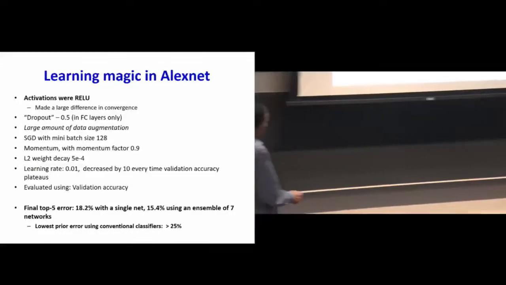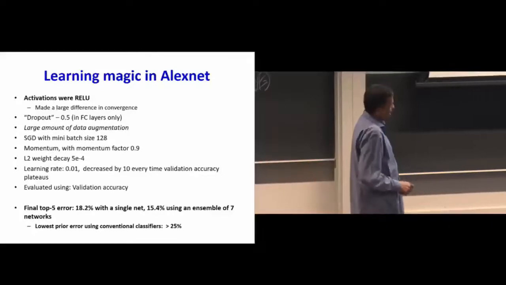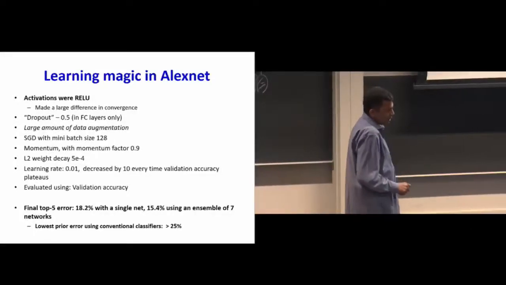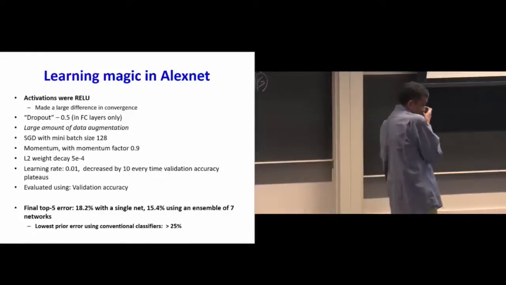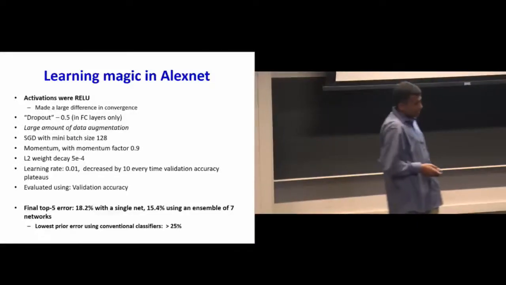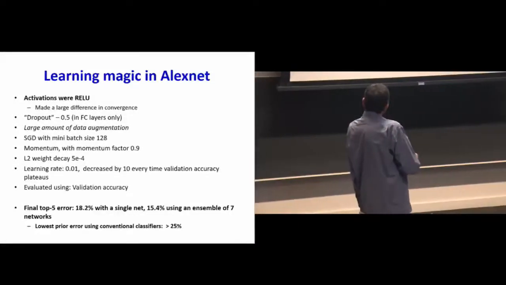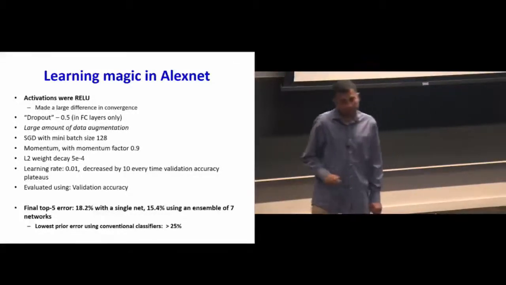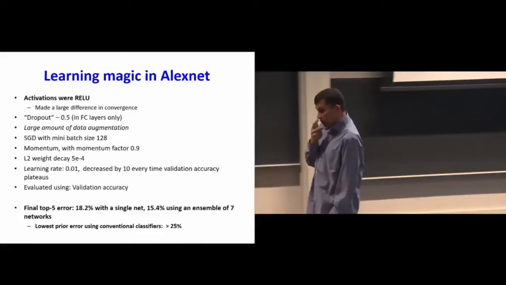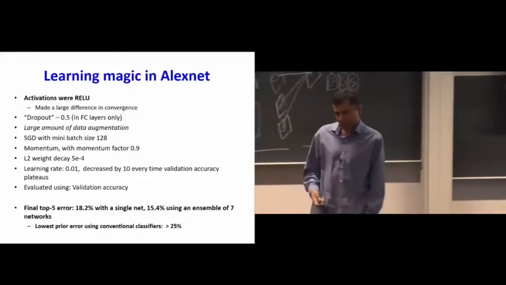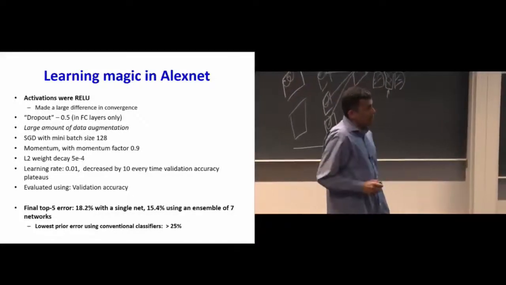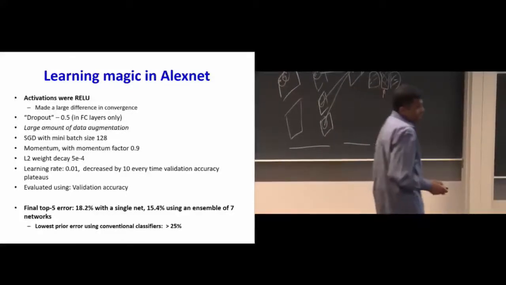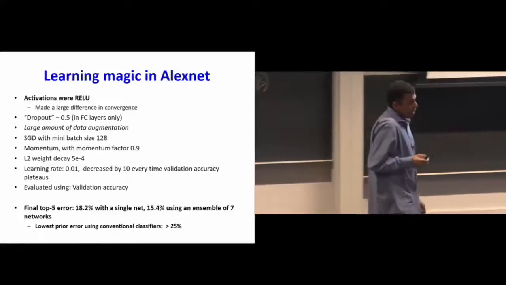Right before their paper, the top 5 classification error rate on ImageNet was greater than 25%. With their ConvNet, that suddenly went down to 18%. And when they used 7 of these networks and voted across the 7, the error went down to 15.4%. So that's like a 40% reduction that they got in one paper.